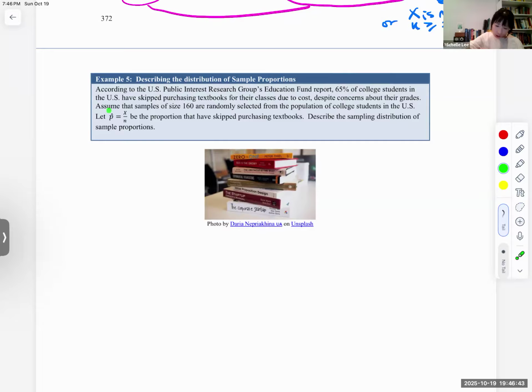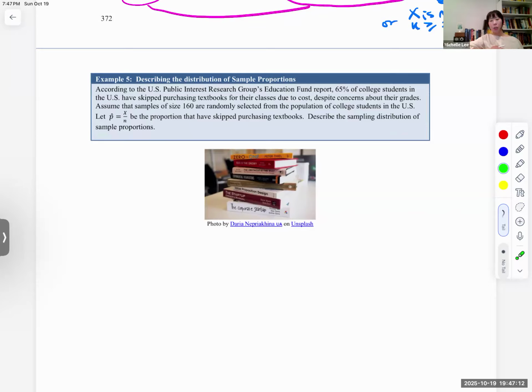Assume a sample of size 160 is randomly selected from the population of college students in the US. Let p hat equal to X over n be the proportion that have skipped purchasing textbooks. Describe the sampling distribution of a sample proportion.